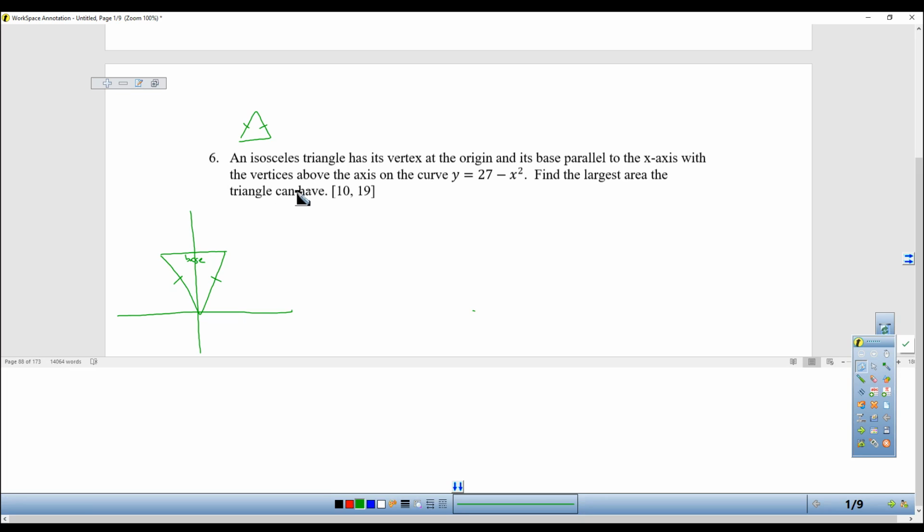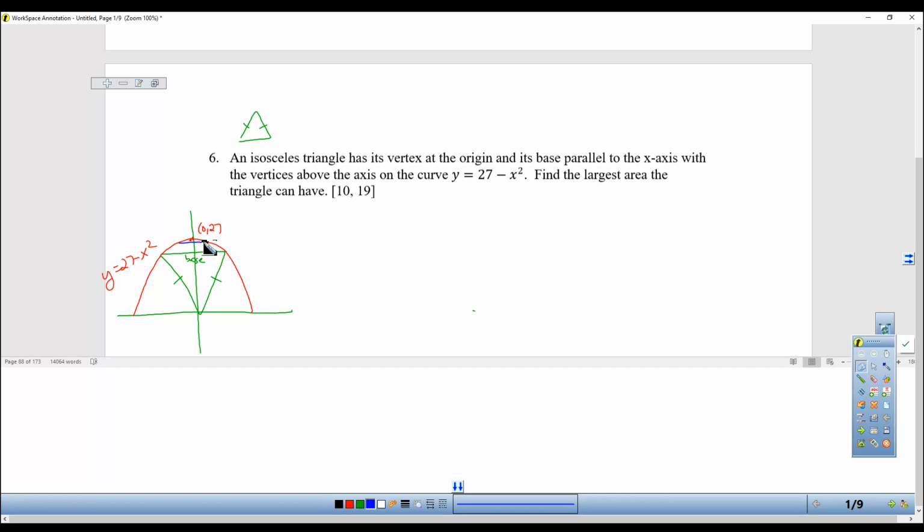Its vertices are above the axis on the curve y is equal to 27 minus x squared. So here's my curve. The y-intercept must be (0, 27), and this red curve is y equals 27 minus x squared. That's how I drew it, but there's lots of ways I could have drawn it.